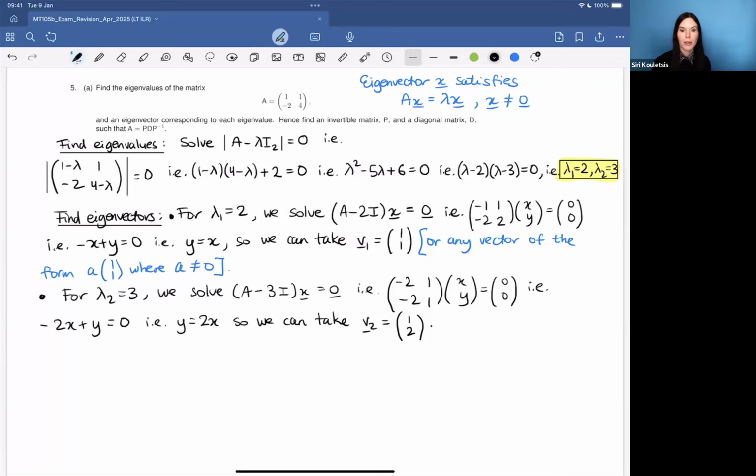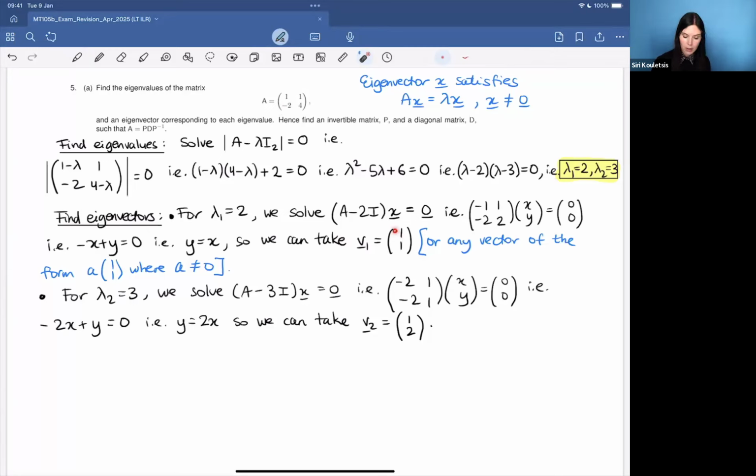And let's stop at this point to say that, of course, we should take the time to check our answers. I'm not going to do it now because I've already done it, but we know how to check our answers, and you should certainly do that if you have time in the exam, but certainly as you're doing revision, so that you get the confidence that you know how to check your answer.